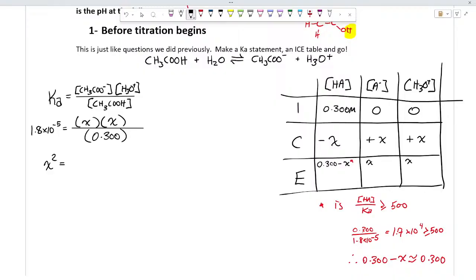I can do this, 3 times 1 is 3, 3 times 8 is 24, so this should be 5.4 times 10 to the negative 6. How'd I do?